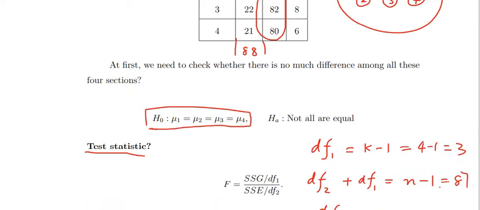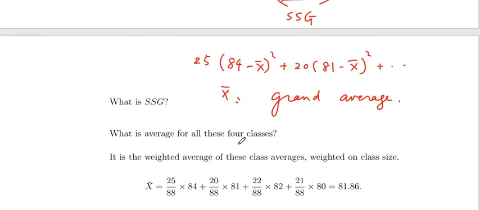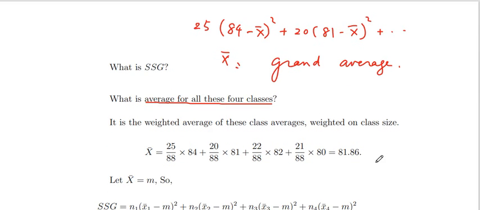So this average we just calculate this way, right? We say average: what is the average for all students in these 4 classes? So we also consider this average the weighted average.